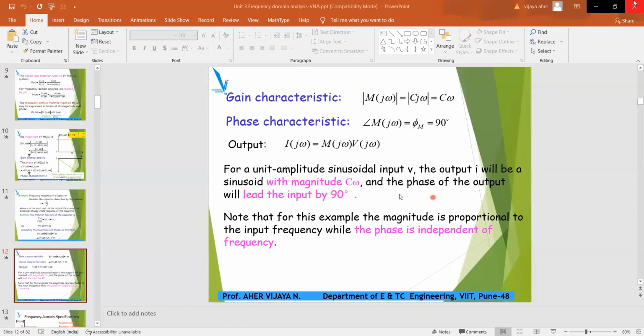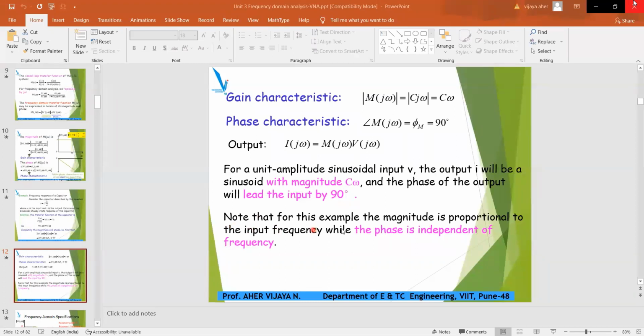And the phase of the output will lead the input by 90 degrees, right? Because the equation is I is equal to C into dV by dt, right? So the output is leading that of the input by 90 degrees.